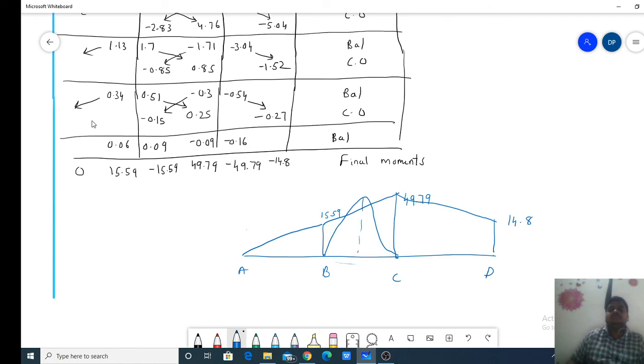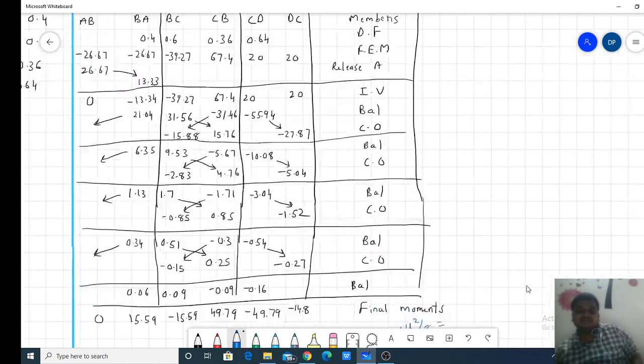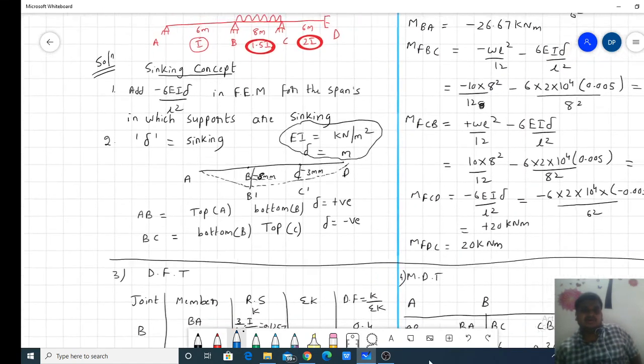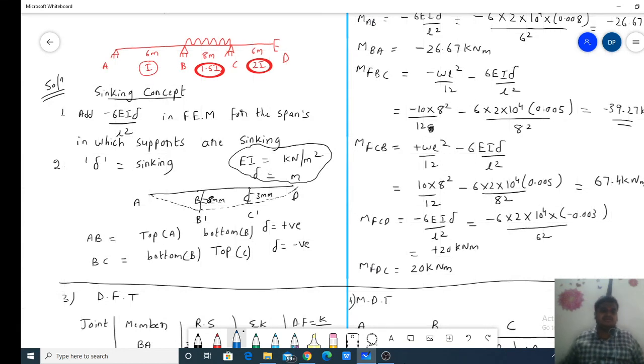Now this comes out to be WL square upon 8, right? So here you need to check for just the load. What is the load? Load is say 10 kilonewton per meter, right? I have WL square upon 12, so this is 10 kilonewton per meter, right?